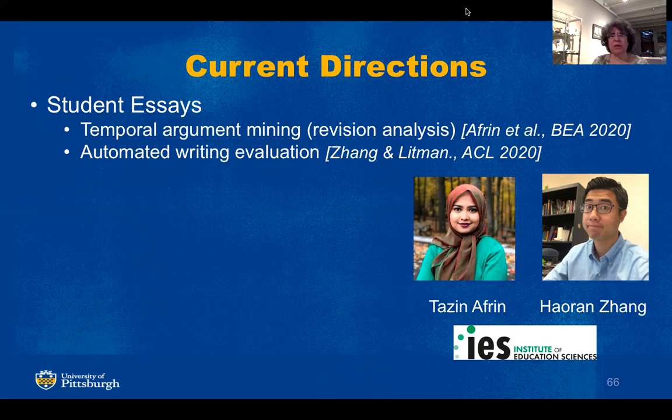If you're interested in that line of work, we have a paper on that at the Building Educational Applications workshop at ACL. We're also interested in moving beyond automated essay scoring to using the output of the argument mining system to generate feedback, so from essay scoring to broader writing evaluation. And if you're interested in this work, we have a short paper at the main ACL conference on that.